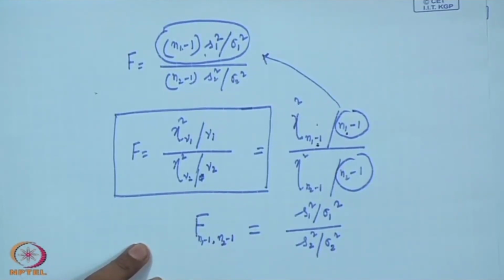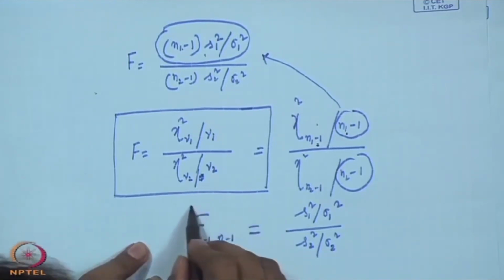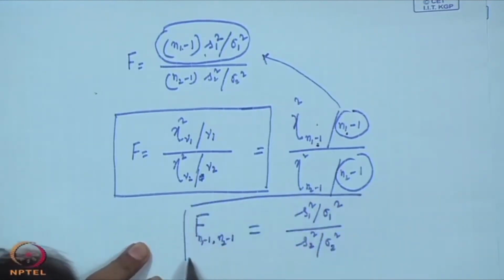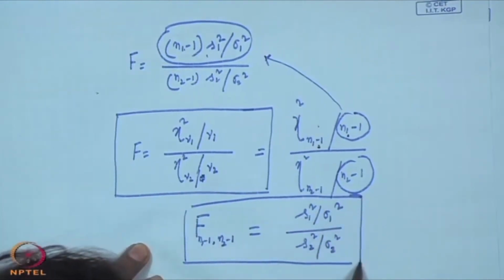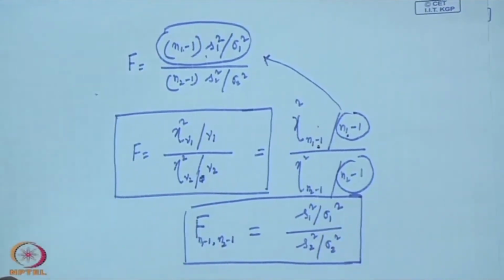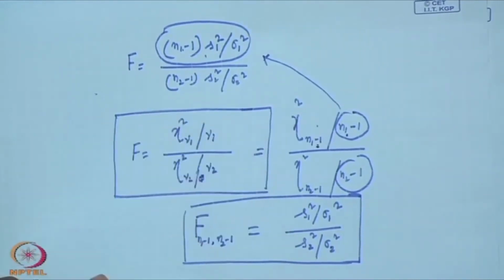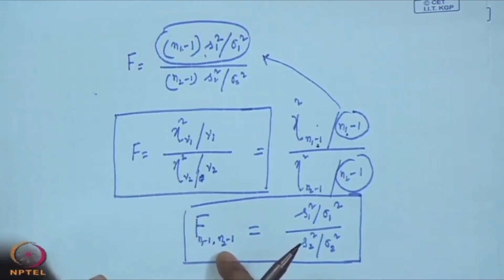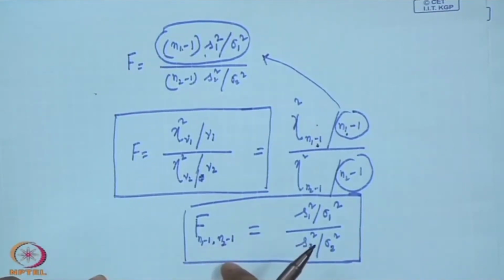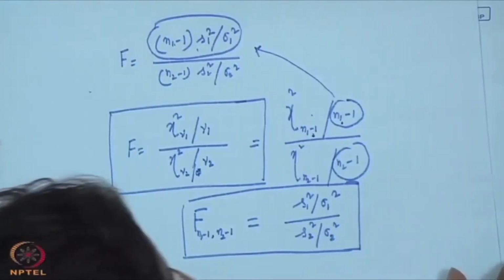You very well know S1 square by sigma 1 square divided by S2 square by sigma 2 square follows the F distribution with n1 minus 1 and n2 minus 1, the numerator and denominator degrees of freedom. Can you now develop the interval?